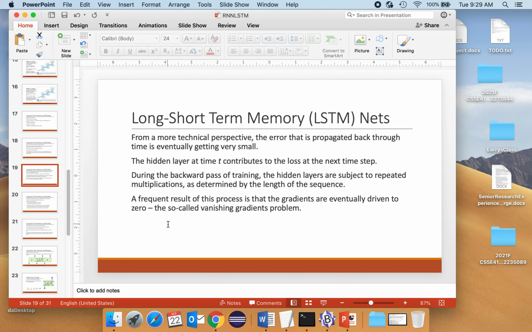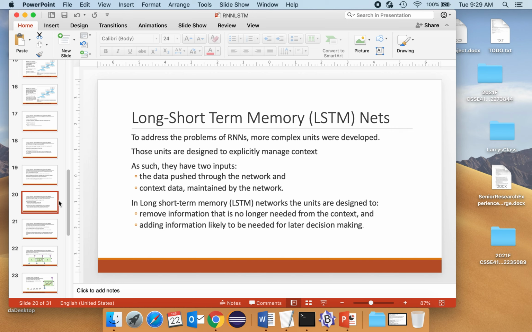To address this, we will maintain what is called context, which we will explain in the next couple of slides. The idea is that we explicitly try to maintain information that we might need later on. So it's a separate layer, if you wish.